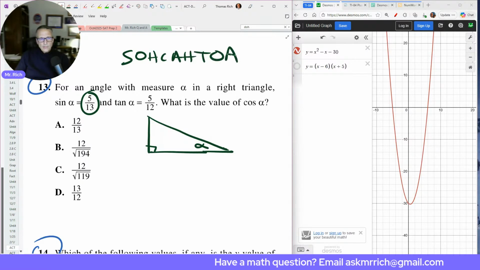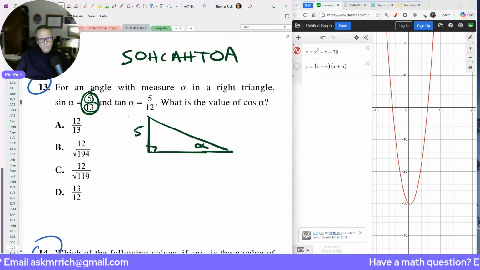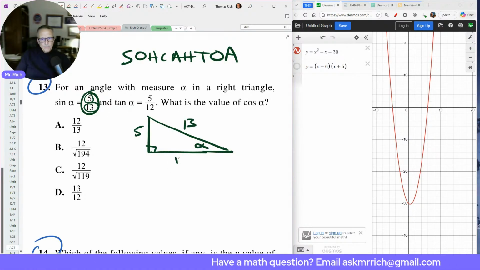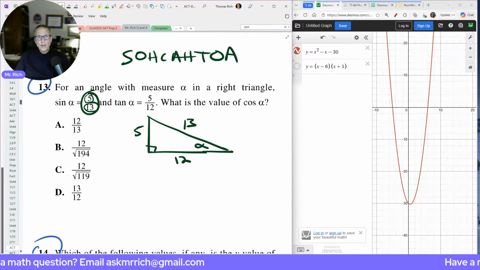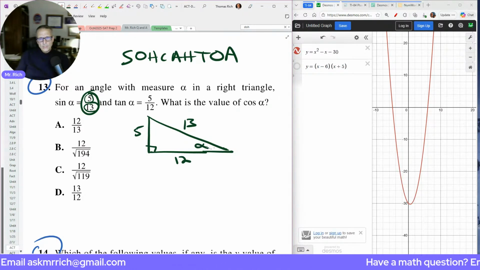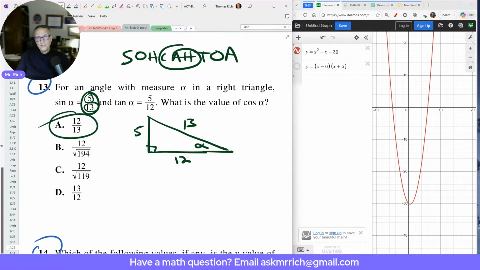And therefore, I'm going to assign the lengths of my triangle to this ratio so that the opposite side would be length 5 while the hypotenuse is 13. I would know by the Pythagorean theorem that that's a 12, or just know that 5, 12, 13 is a standard right triangle. Now it says, what's cosine of alpha? Well, cosine is adjacent over hypotenuse. It's 12 over 13. All right, so not going to use Desmos on that one.